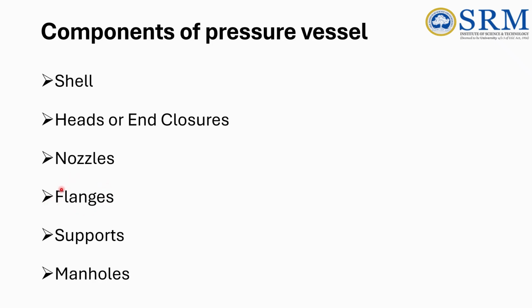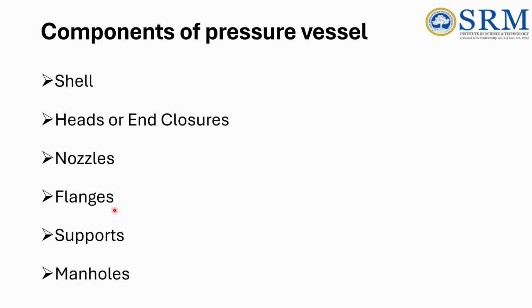Okay. So a flange is a projecting rim or a collar used to connect a pipe to equipment by bolting together. When you have a flange, you can connect a pipe using bolts, nuts, and the gasket.